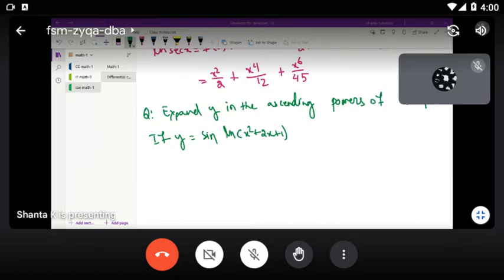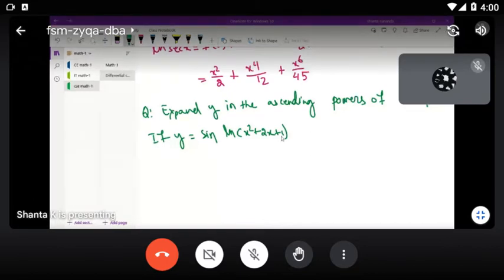So instead of that, you consider e power x sine square x. It's a little complicated derivative, so make it e power x, and this is up to x power 5.